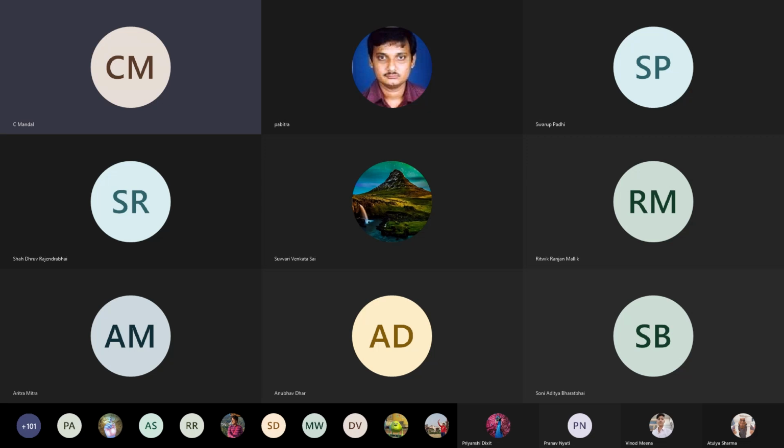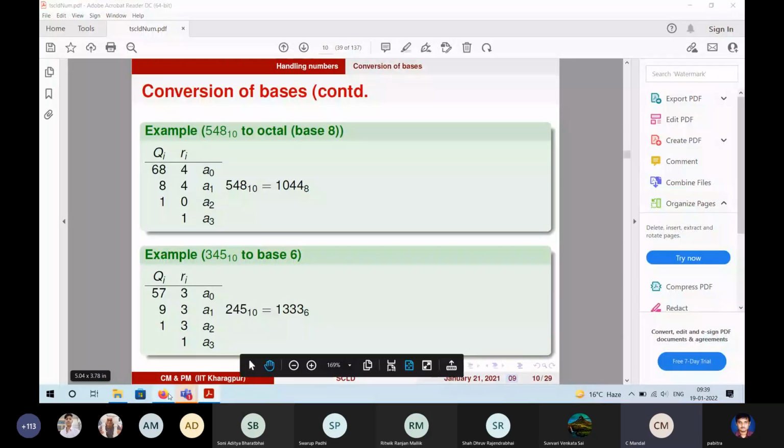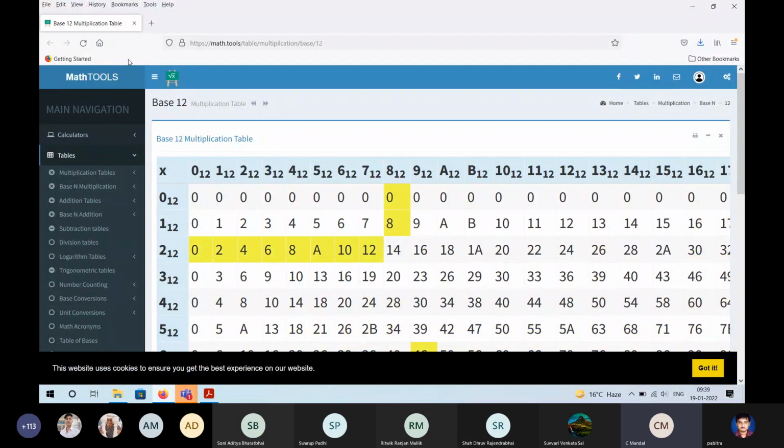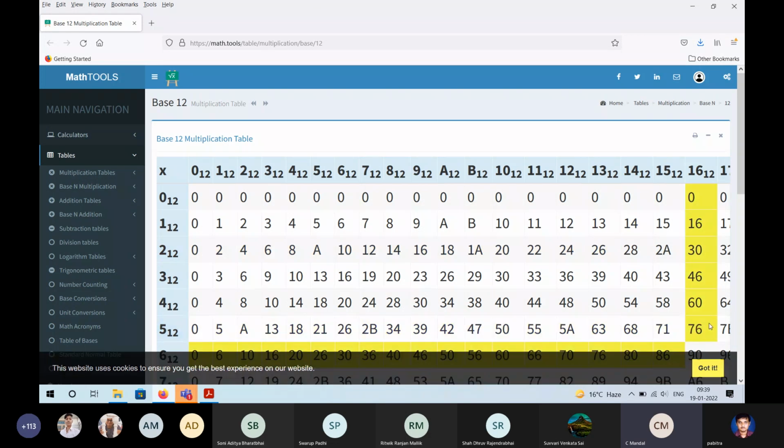If you open that link, you basically get a multiplication table for base 8, which is a little helpful. So what you want to convert is 548 in base 10 to base 12.